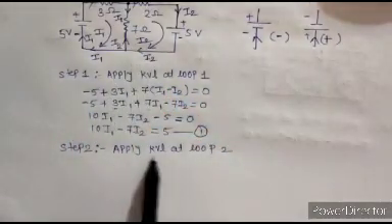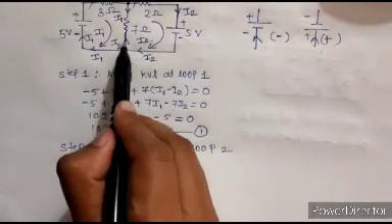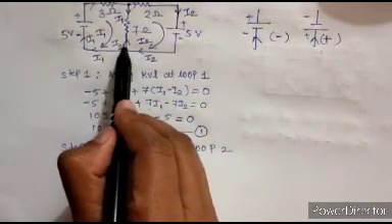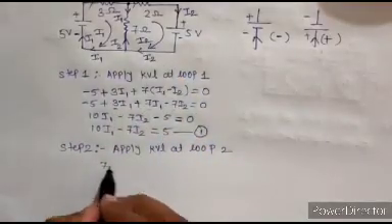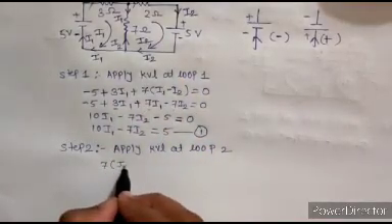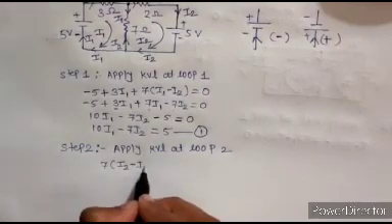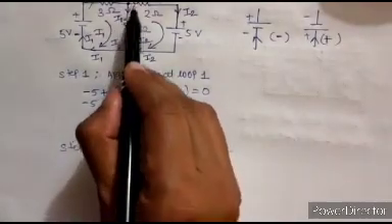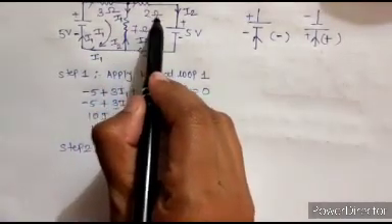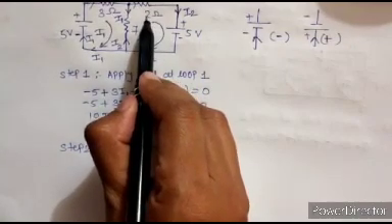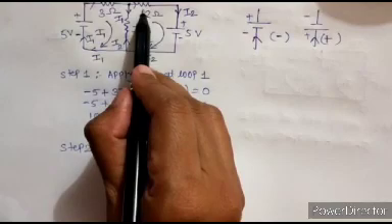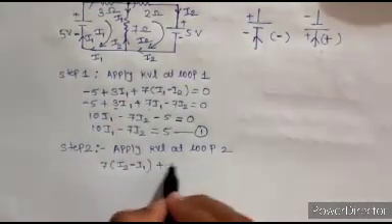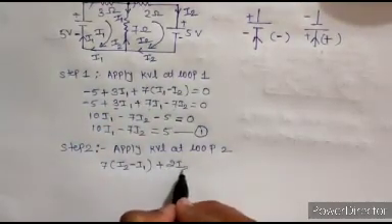Now we are applying KVL at loop 2, so take I2 as positive and I1 as negative, so 7 into (I2 - I1). Further, this current flows through the 2 ohm resistance, which is an element of loop 2, so take it as plus 2 into I2.